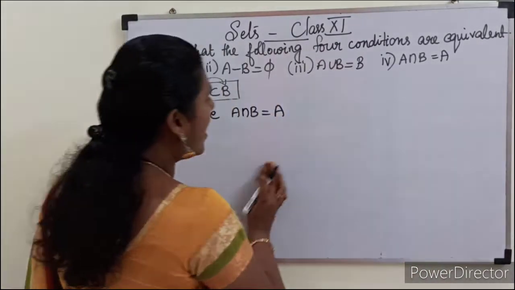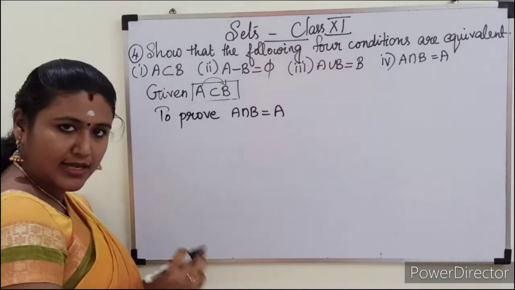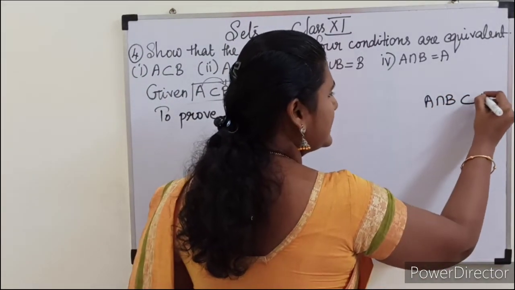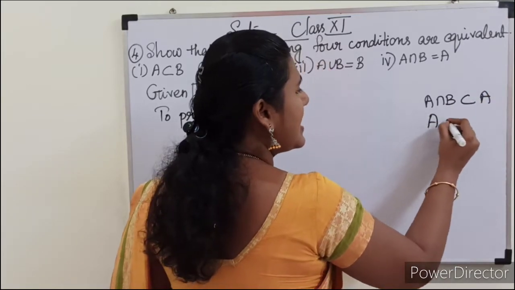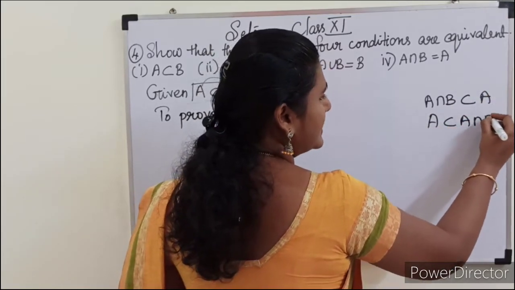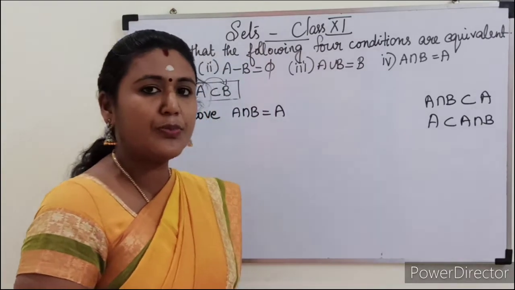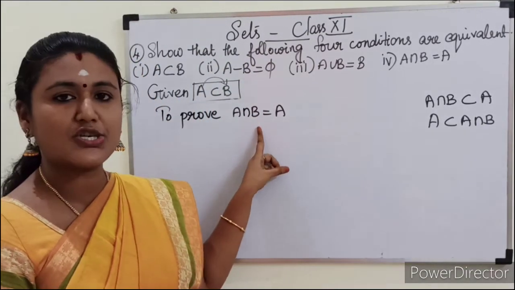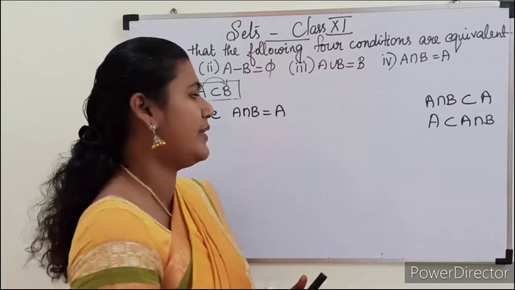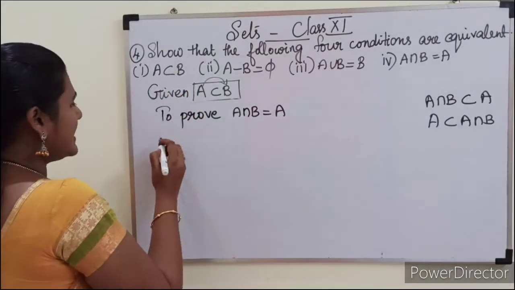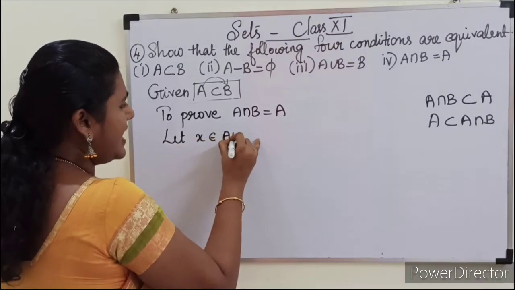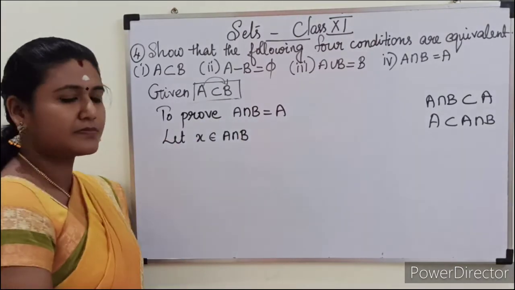If you want to prove that these two sets are equal, we have to show that A intersection B is a subset of A and A is a subset of A intersection B. So we are going to prove these two conditions so that we can say that A intersection B and A are equal. For that, first let us take an arbitrary element in A intersection B.